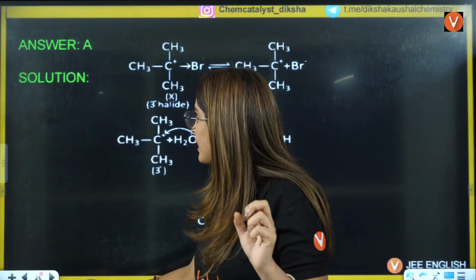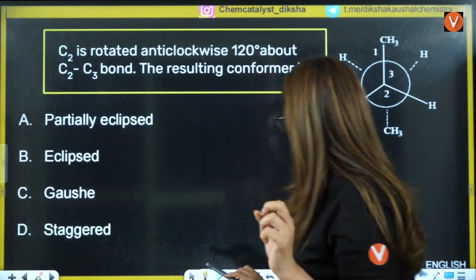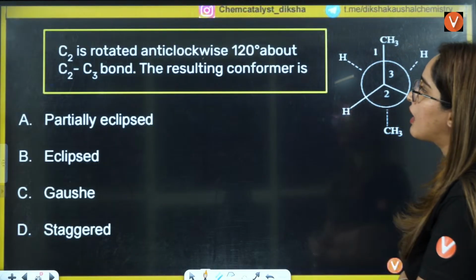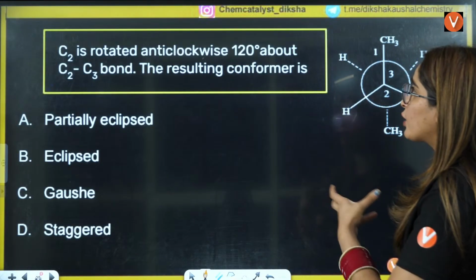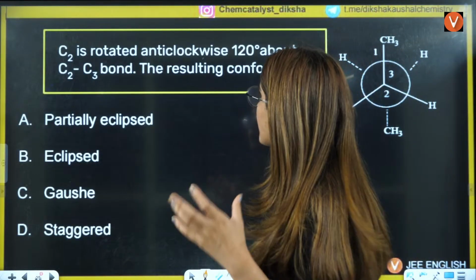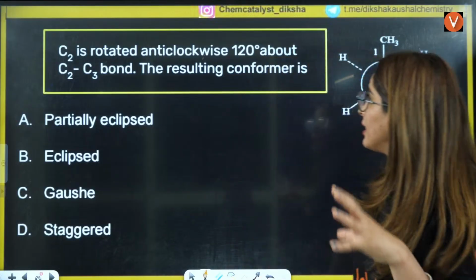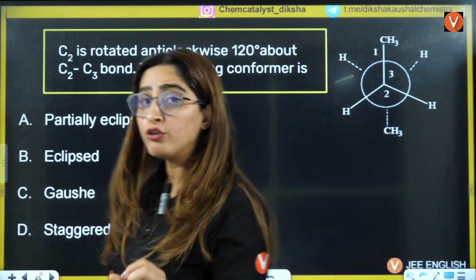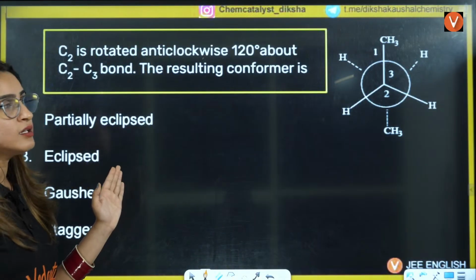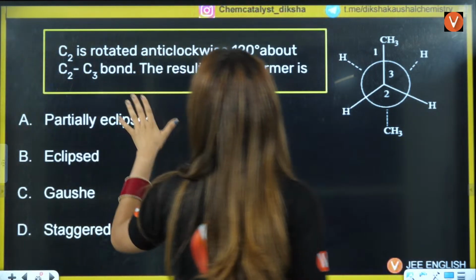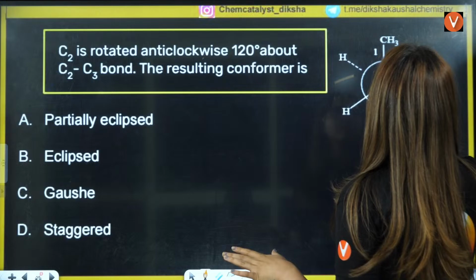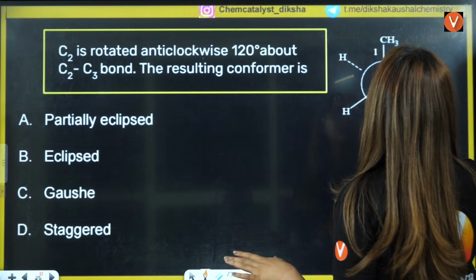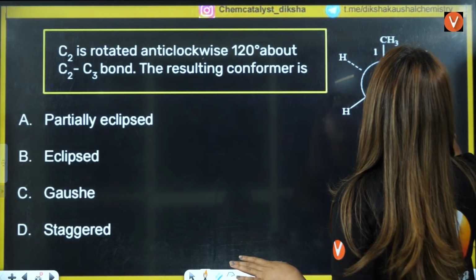Okay, next, let us see. Next question is, C2 is rotated anti-clockwise 120 degrees about the C2-C3 bond. The resulting conformer is. Now they are saying that it is rotated. See, they are saying C2-C3. This is basically the front, this is C2 and the backward is C3.